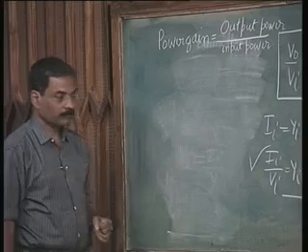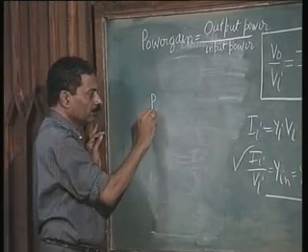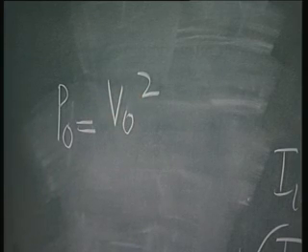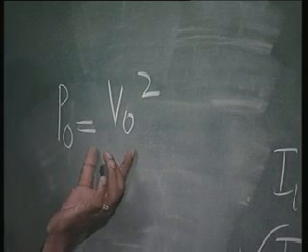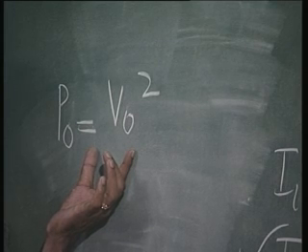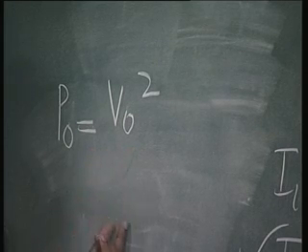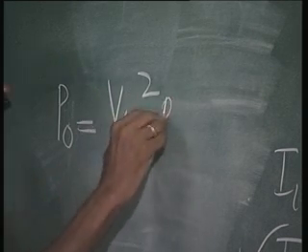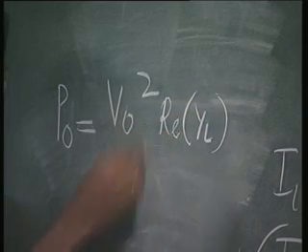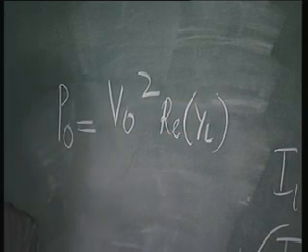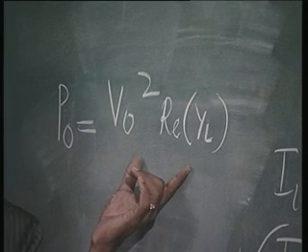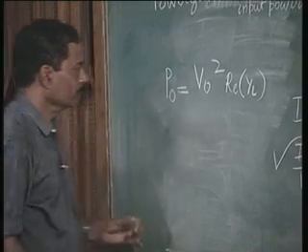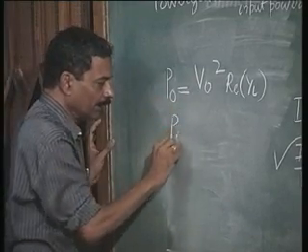What is output power? We know that output power is going to be expressed as V naught squared, that is the output voltage, RMS value, V naught squared divided by RL or into real part of YL, because we are talking of admittances now, real part of YL. This is the output power. Input power is in a similar fashion.